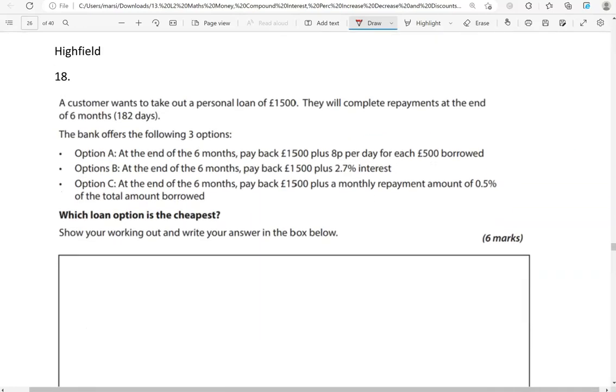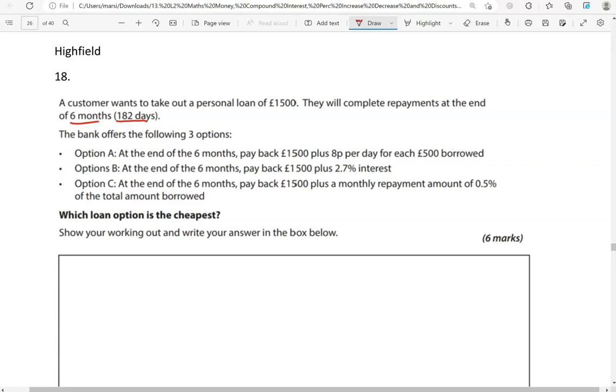A customer wants to take out a personal loan of £1,500. They will complete repayments at the end of 6 months, 182 days. The bank offers the following 3 options. Option A, pay back £1,500 plus 8p per day for each £500 borrowed.